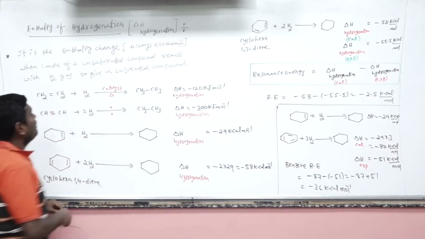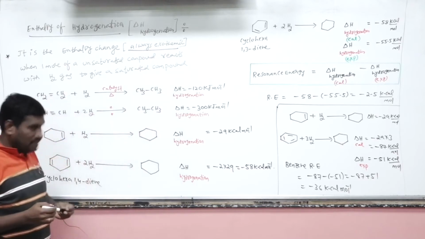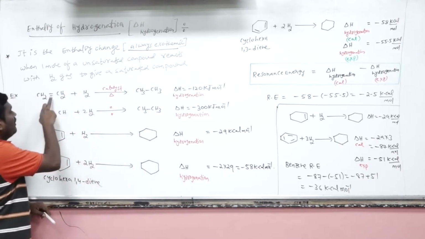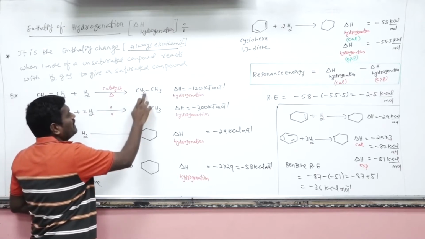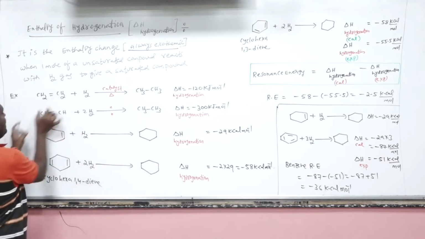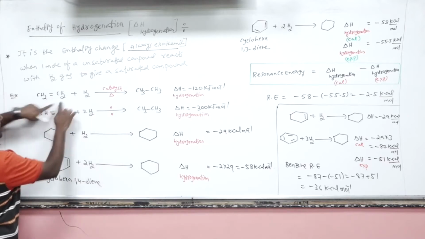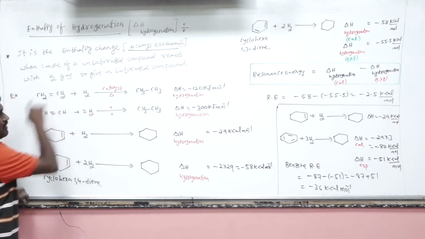Now, why am I writing always exothermic? Because here 1 pi bond is breaking and 2 sigma bonds are forming. Hydrogen is added here and 1 hydrogen is added here. That means 2 sigma bonds are formed at the cost of 1 pi bond.